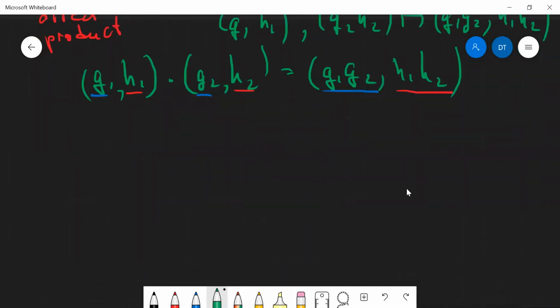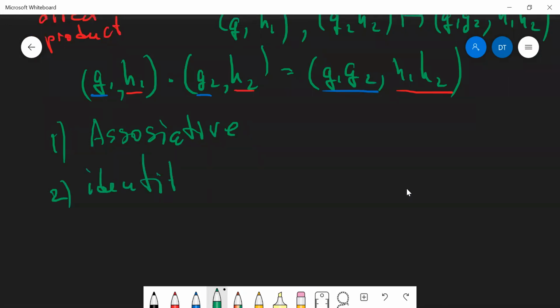So we have to check the axioms. So what are the axioms? We need to show that the operation is associative. We need to show that there exists an identity. And we should show that for each element there is an inverse element.